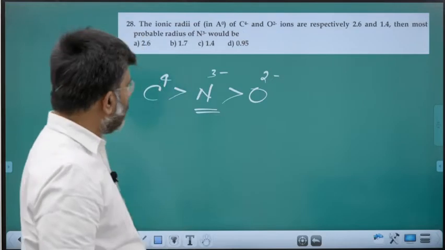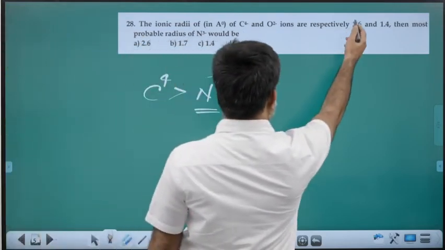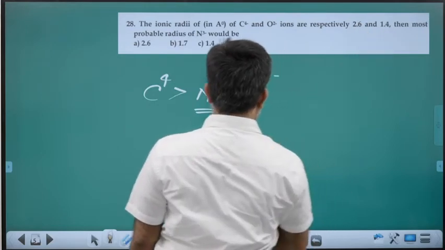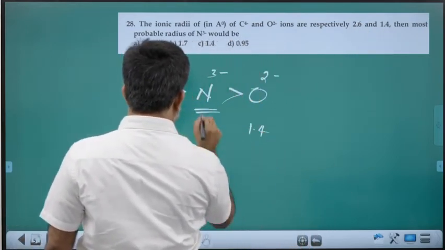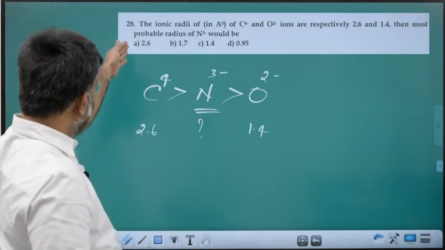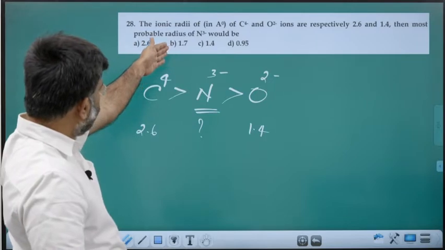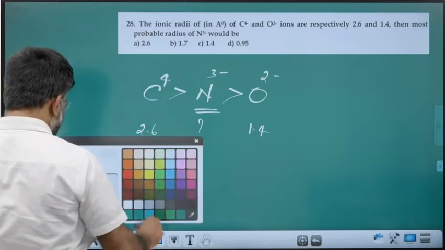So what will be the value? C4− is 2.6 and O2− is 1.4. So what could this value be? It can't be A, it can be B, it can't be C, it can be D, right?